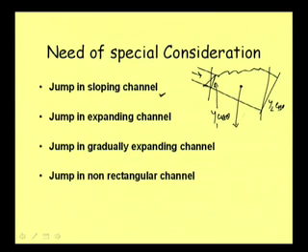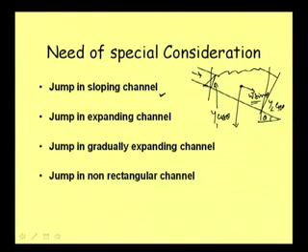Similarly, when we are neglecting this W sin theta, if the slope is quite significant, theta is significant, then we cannot neglect this W sin theta. So W sin theta will be playing its role, that is the weight of the fluid is coming here, and similarly this depth we need to consider as y1 cos theta, y2 cos theta.